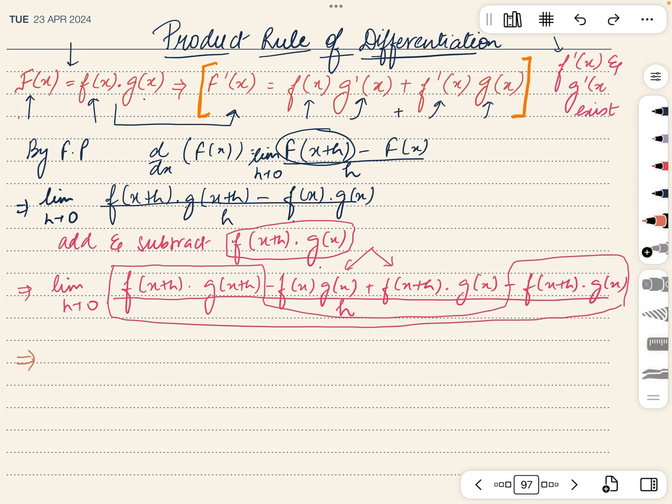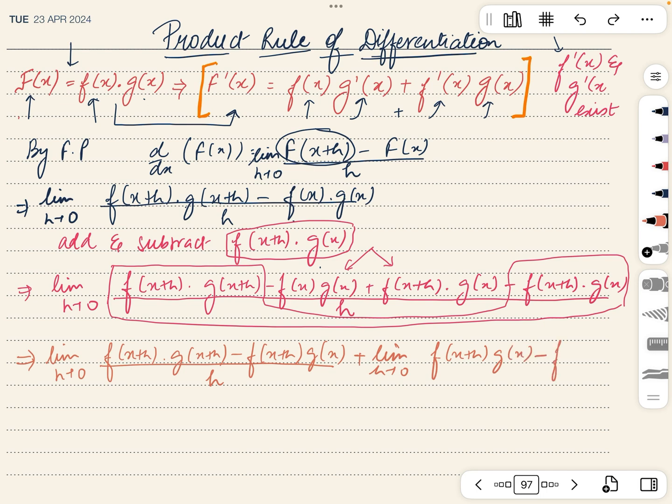So now limit h tends to 0, f of x plus h times g of x plus h, take away f of x plus h times g of x, divided by h, and then plus again limit h tending to 0, f of x plus h times g of x, take away f of x, g of x, upon h.